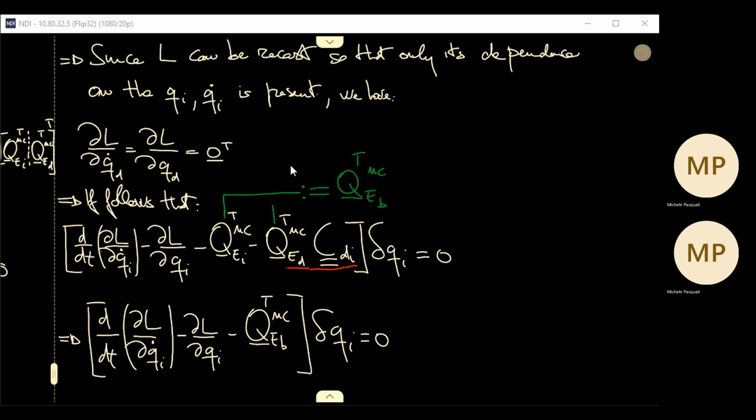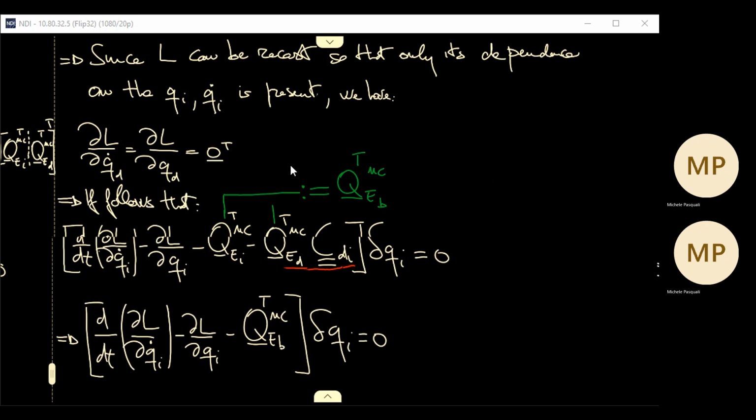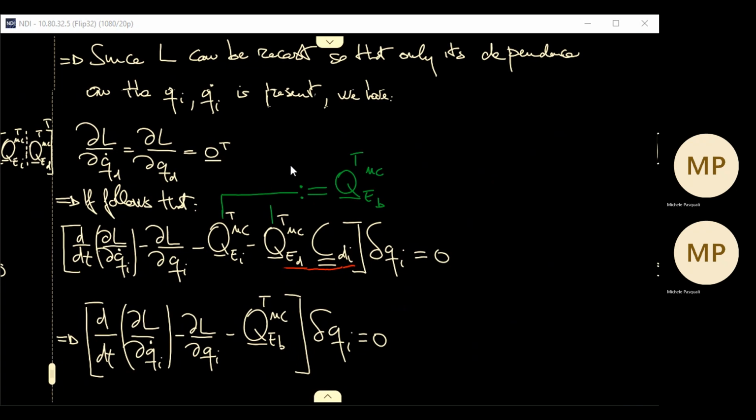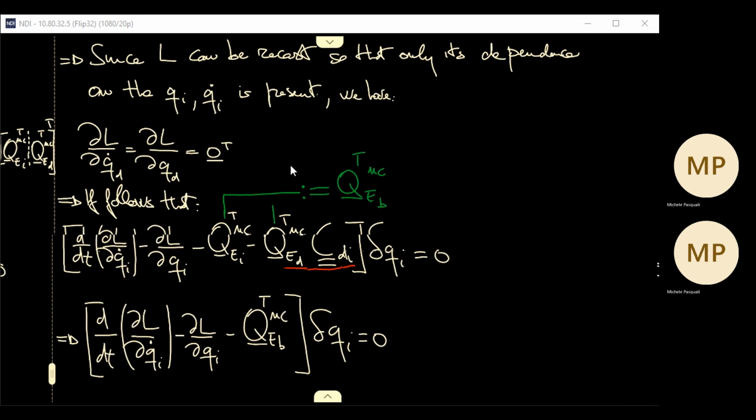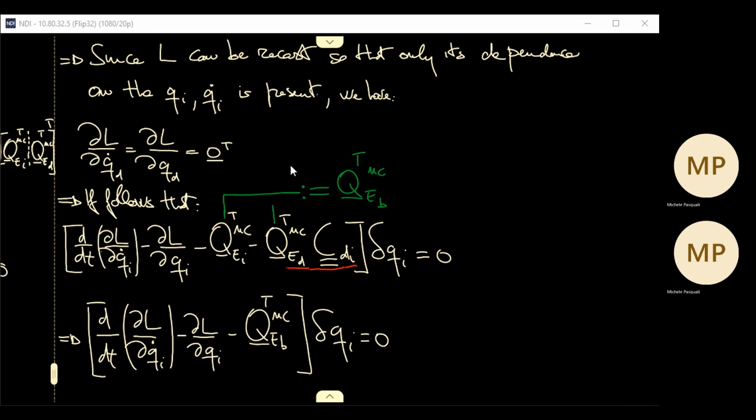Now, it's evident what we're going to do now. Since we are only left with the independent coordinates, well, we know what we can do when they are independent. We can get rid of it and pass from the D'Alembert-Lagrange form of this equation to the Lagrange form. Because we are left only with independent ones.